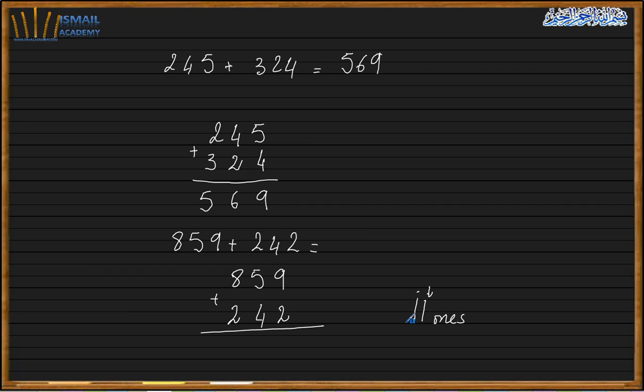Exactly. If I have 5 tens, 4 tens plus tens give me 10. Here I have. And this is 10. I mean, this is the tens unit, but this is for the hundred.